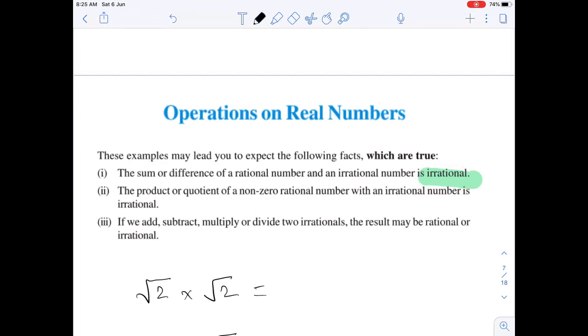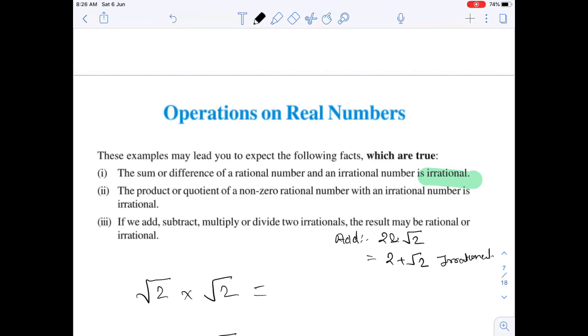For example, 2 is a rational number and root 2 is an irrational number. When we add 2 and root 2, our answer will be 2 plus root 2. Remember that 2 is a rational number and root 2 is an irrational number. Their sum is always an irrational number.